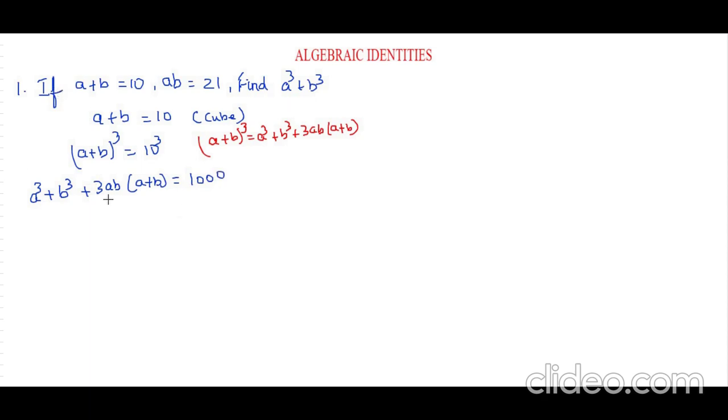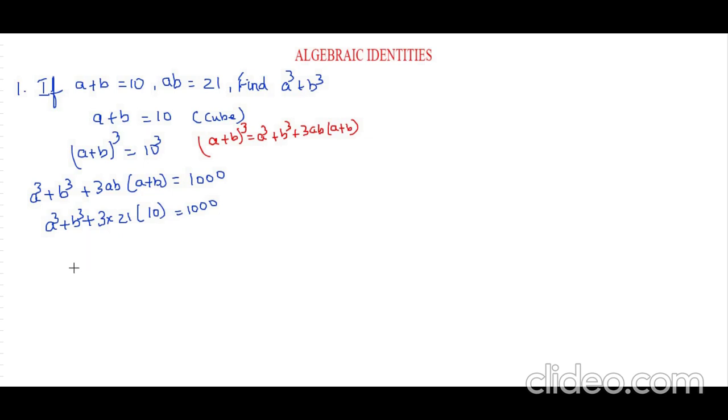So now we know the value of ab and a plus b. So a plus b is 10 and ab is 21. So I'm just going to apply the values here. So here it is a cube plus b cube plus 3 times ab is 21 and a plus b is 10 equals 1000.